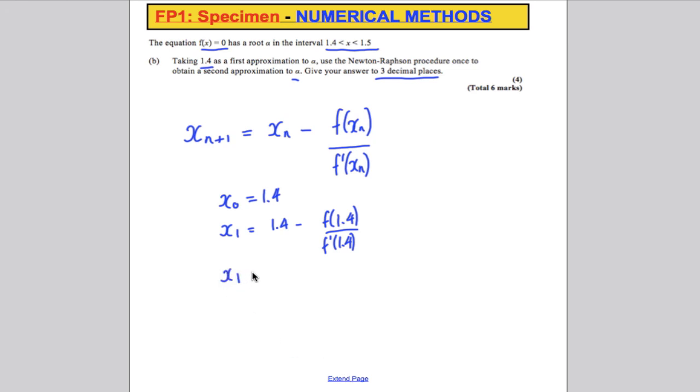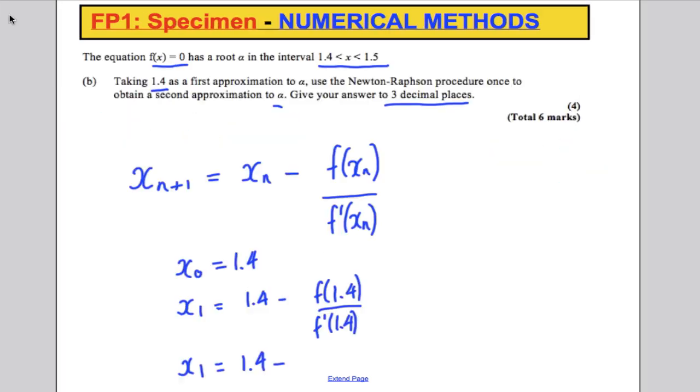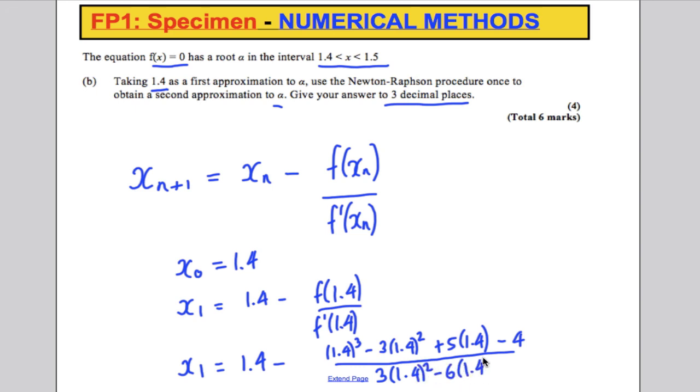So this is equal to 1.4 subtract, well, our original function was x cubed subtract 3x squared plus 5x minus 4, so it would be 1.4 cubed subtract 3 times 1.4 squared plus 5 times 1.4 subtract 4, all divided by, well, 3x squared, so 3 times 1.4 squared, subtract 6 times 1.4 plus 5.